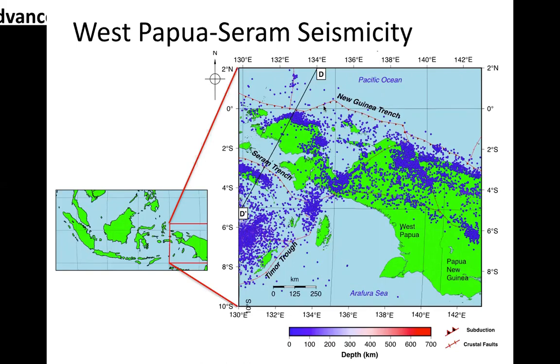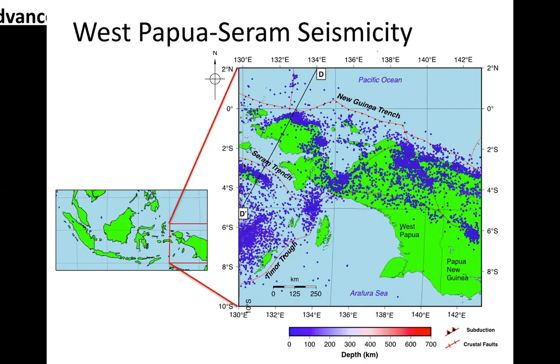So in the west, geometry is very complex and not entirely understood. This region here is actually a site of very oblique convergence, and strike slip motion is the primary motion that exists in this area. So there's not much direct convergence.